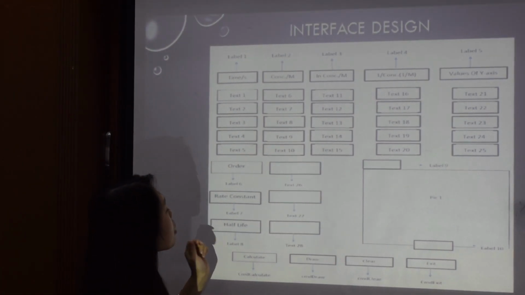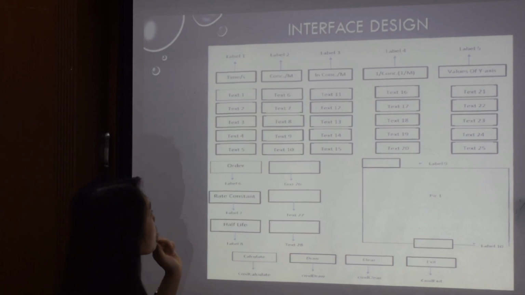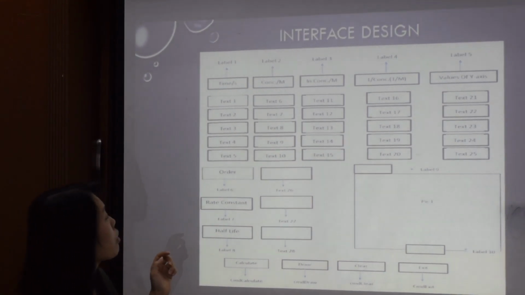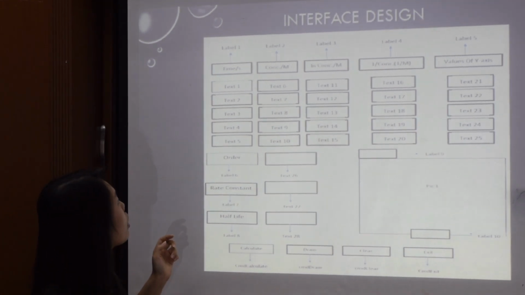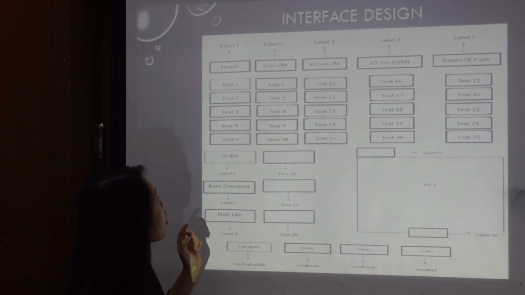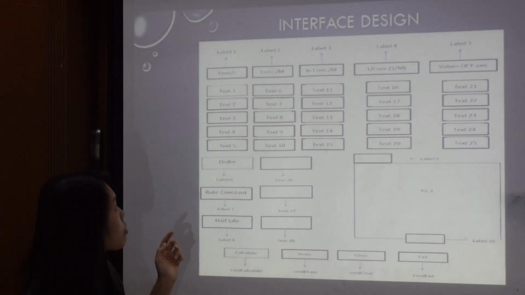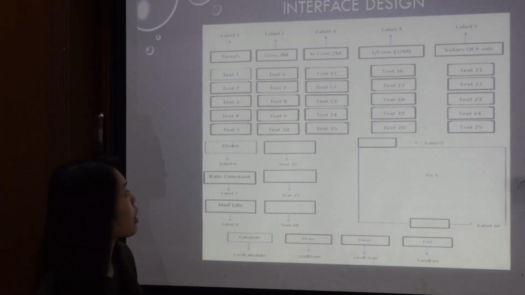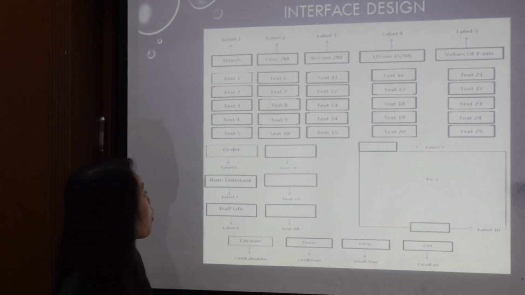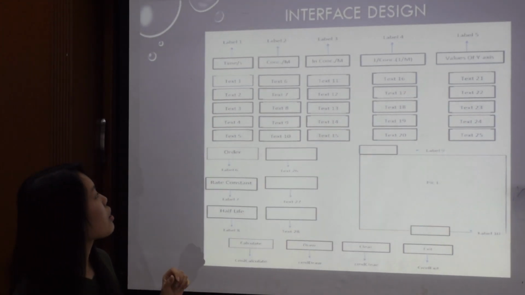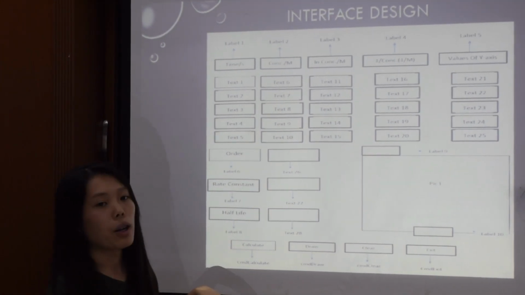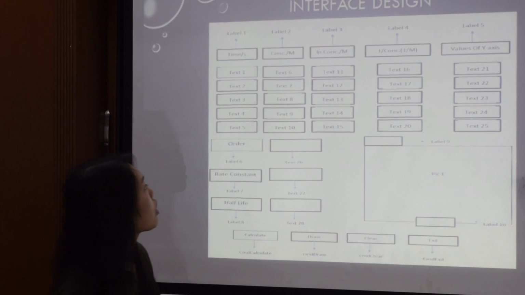Text box 6 until text box 10 are the array text box of concentration. Text box 6 is y0, and text box 7 is y1 until text box 10, which is y4. These text boxes are used to insert the value of concentration.